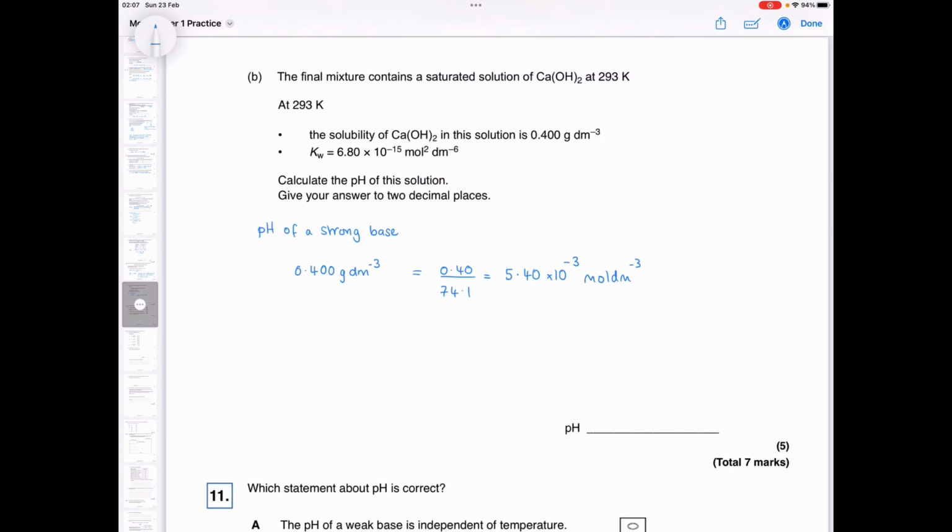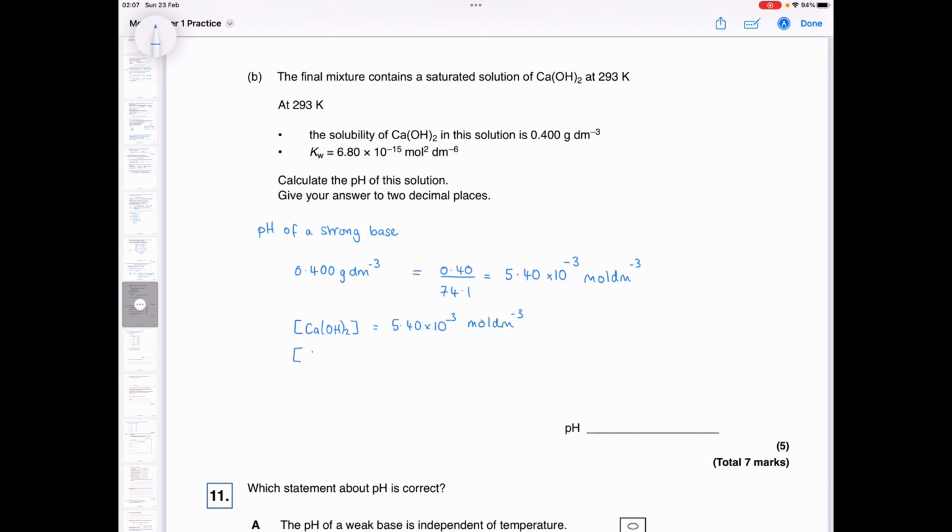So the concentration of Ca(OH)2 is equal to 5.40 times 10 to the minus 3 moles per decimetre cubed.